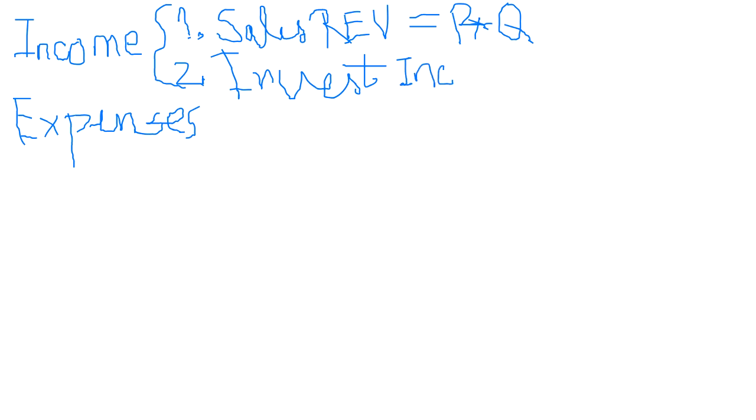Now, as for the expenses, I said there are two sources of expenses. The first one is the direct expense or direct cost. The second source is indirect cost.